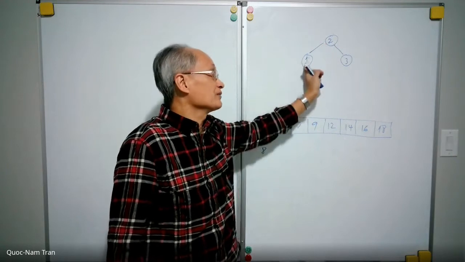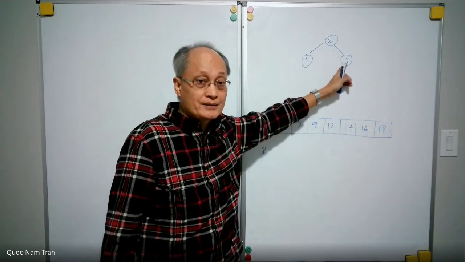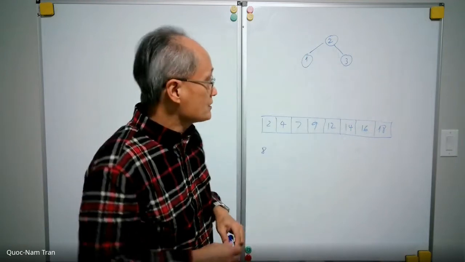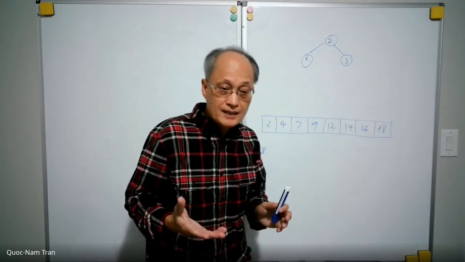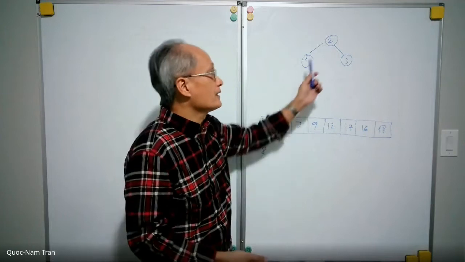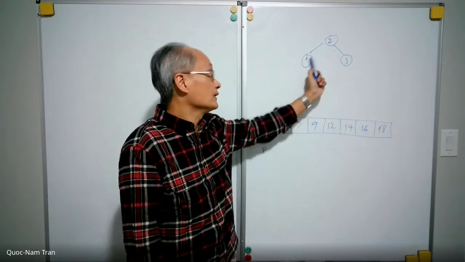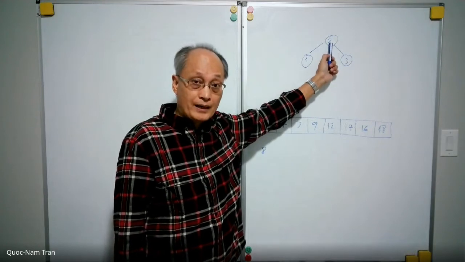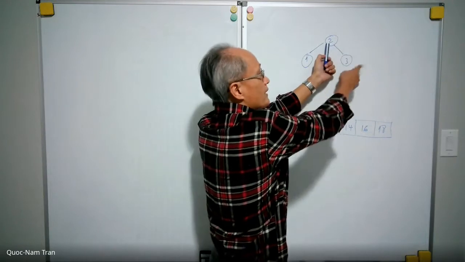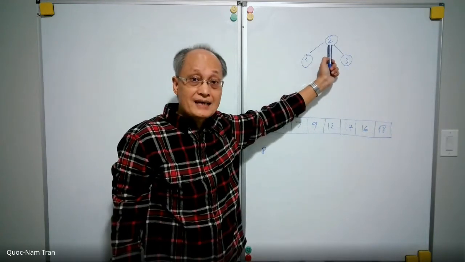So we have the left and the right pointers. The binary search tree is a tree that satisfies a few conditions. Number one, it is a binary tree. And the value of everything on the left is smaller than the value at the node we are standing on, and the value of everything on the right is bigger than the value at the node we are standing on.